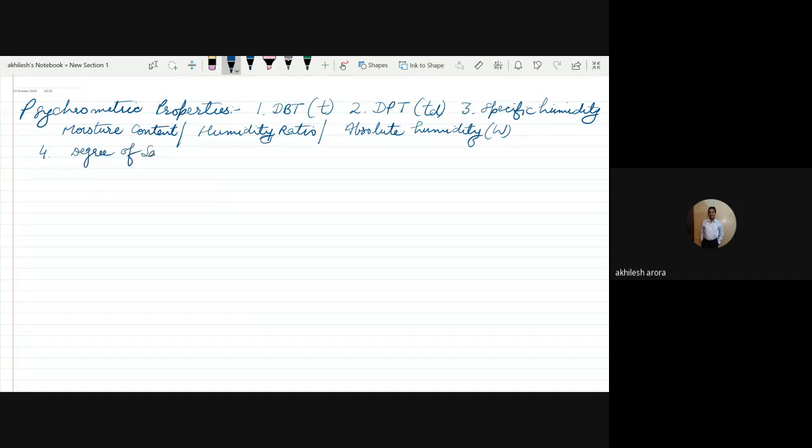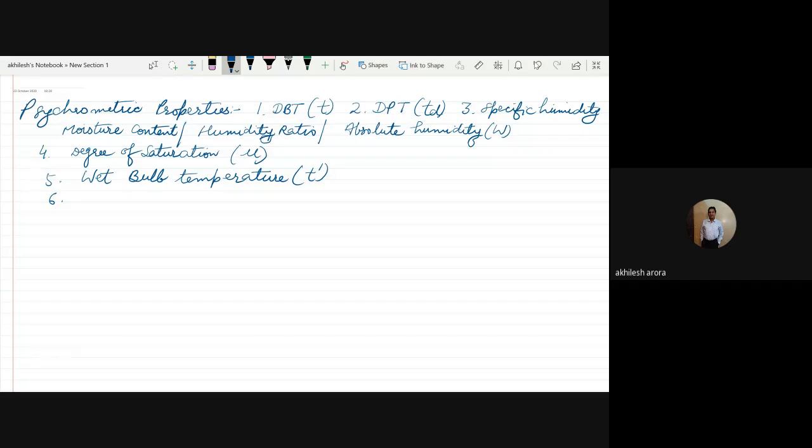I think this was also recorded in the lecture. Degree of saturation is denoted as mu. The fifth one is wet bulb temperature, and it is denoted as T dash.